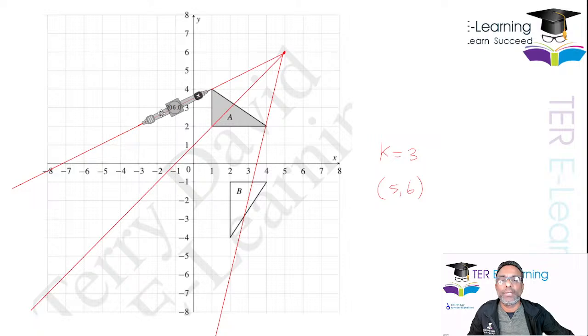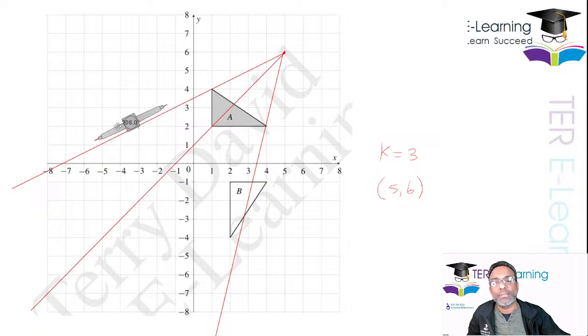Now you need to mark on your diagram where this is. That's here. And then we go again to 3, and you realize, wait a minute, I've just figured out where this part of the triangle is going to be. It's going to be right here. So that's going to be the top of the triangle after it's enlarged.